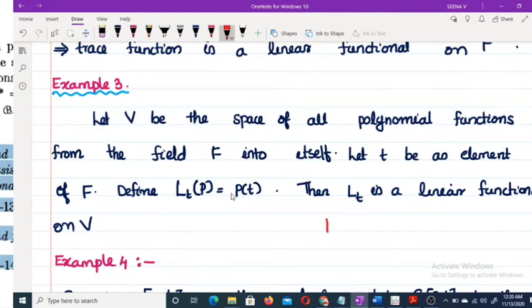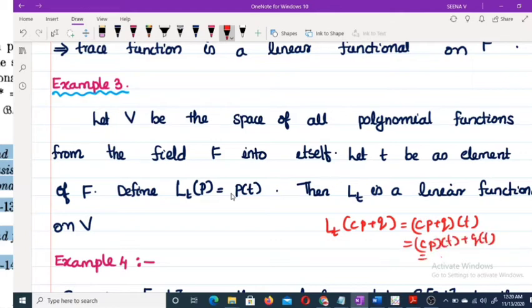You take two functions, cp plus q, and clearly (cp plus q)(t) is the same as c p(t) plus q(t), which is the same as c times (p(t) plus q(t))... that is, c times Lt of p plus Lt of q. This implies Lt is linear.